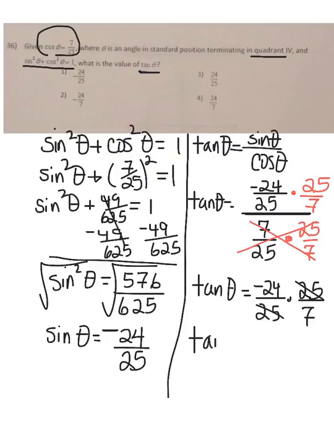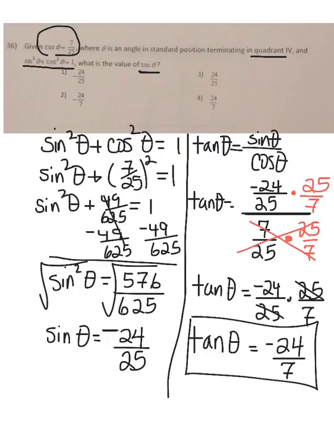So my tangent is negative 24 over 7. Now reminder, we're in the fourth quadrant, and in the fourth quadrant, cosine is the only thing that's positive, and its reciprocal trig function, which would be secant, which this is not. So we do have a negative value. You just want to double check that you don't drop that negative. So here's your answer.